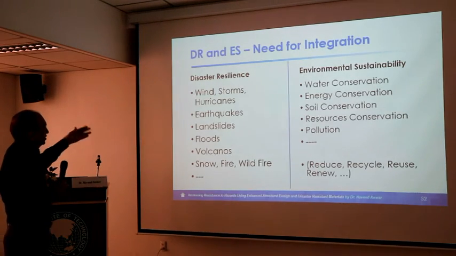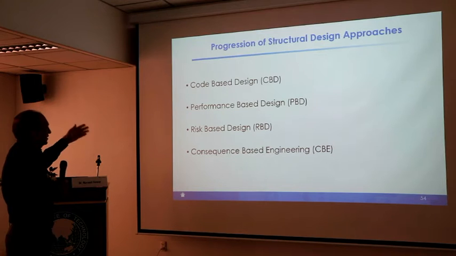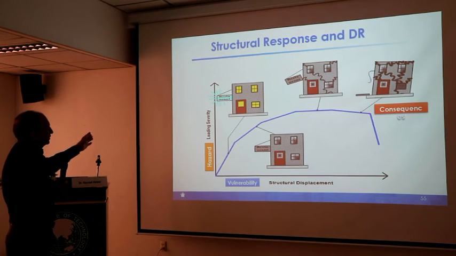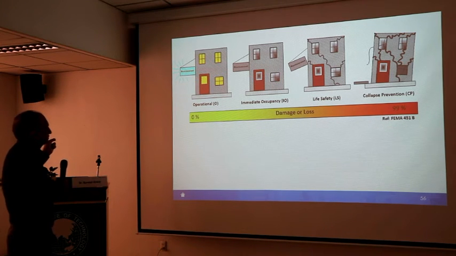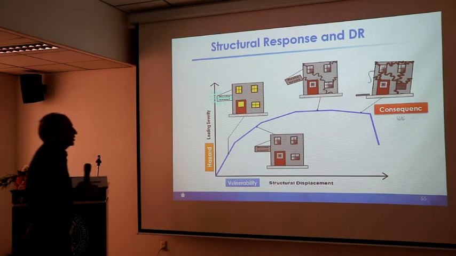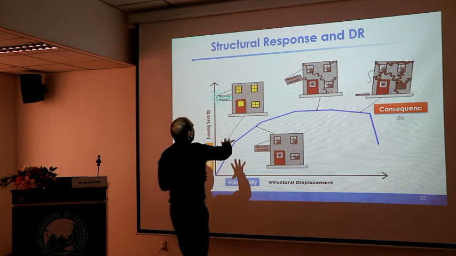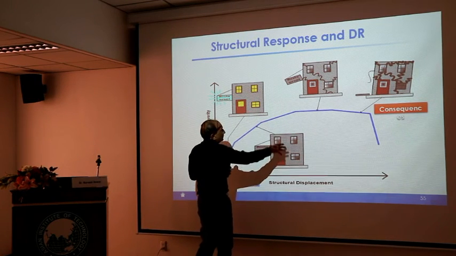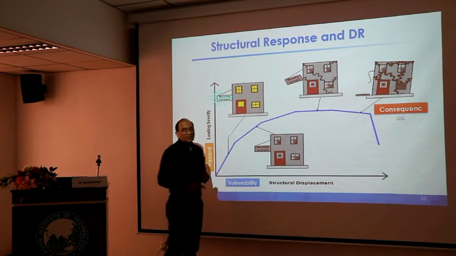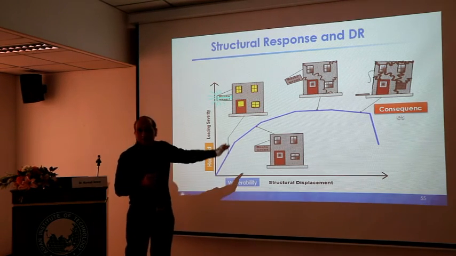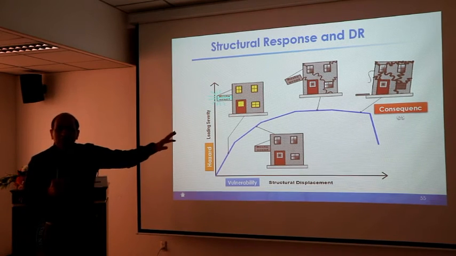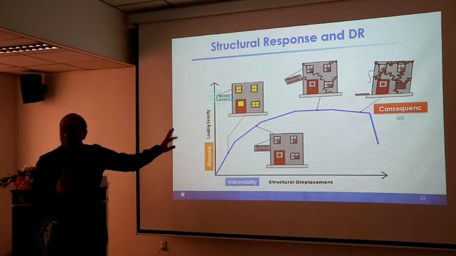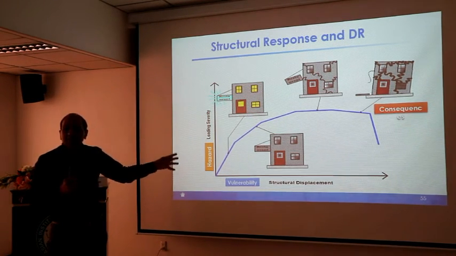So, yeah, please continue. Role of structural engineers, continue. Yeah, next one. So basically, previous one. Basically structural engineers can now relate the damage to some vulnerability. So this curve is actually a vulnerability curve, you can say. So we try to manage in such a way that buildings and hazards and everything is related properly.